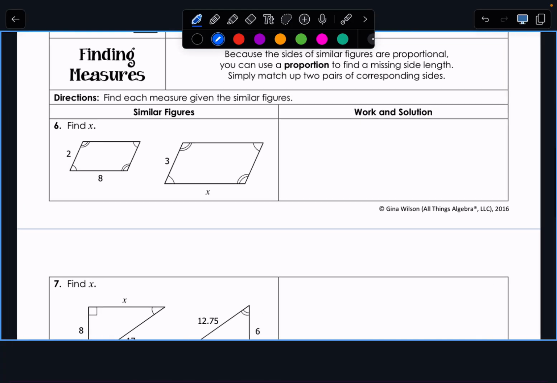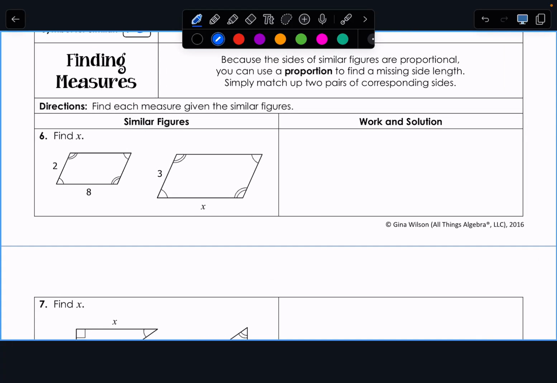So look right here at number 6, okay? I'm telling you these two are similar, okay? So I'm going to highlight this side that says 2. What corresponds with side 2 on the other figure? Side 3. So I'm going to make a ratio that says 2 over 3.